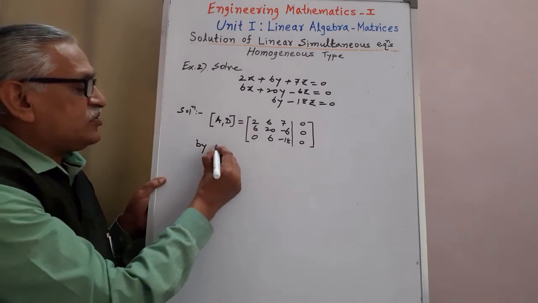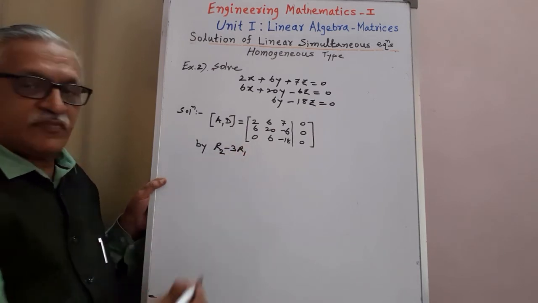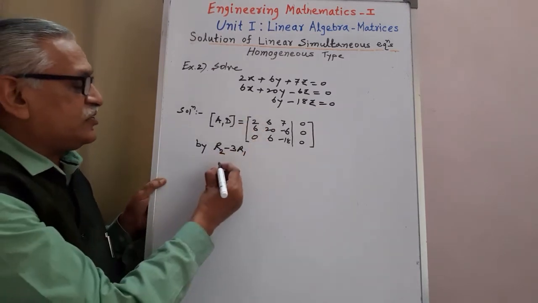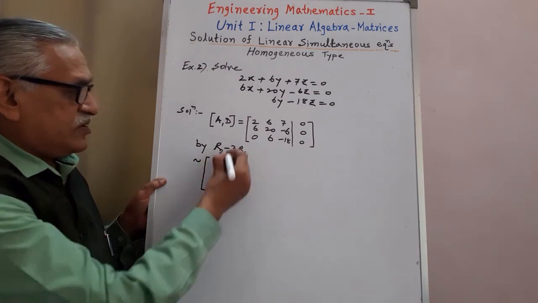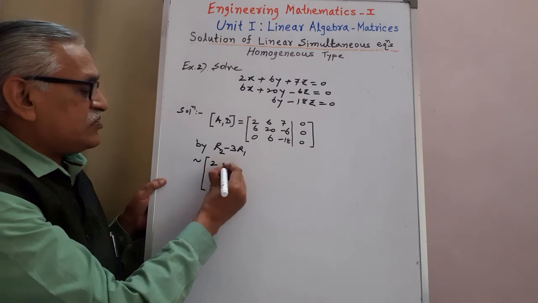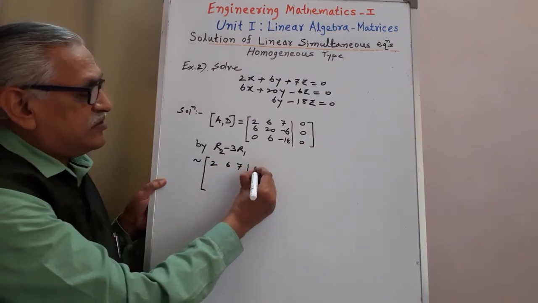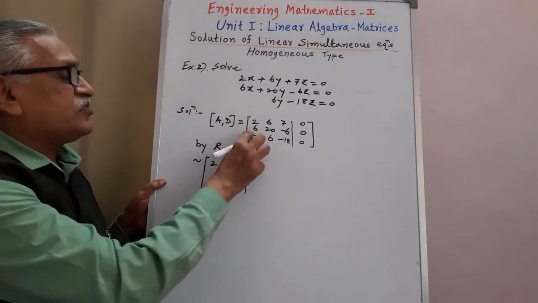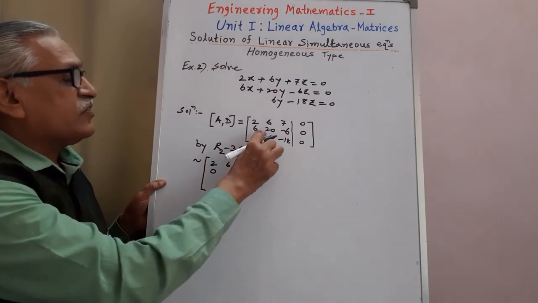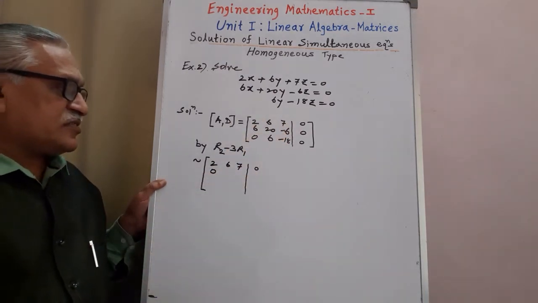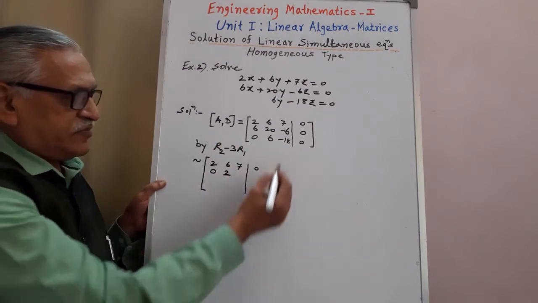6 minus 6 we get 0. It is R2 minus 3 times R1. 3 times 6, 6 minus 6 we get 0, and therefore we have the first row, no change: 2, 6, 7, 0. Then 6 minus 3 times 6, 6 minus 18 we get 0 here. 20 minus 6 times 3 is 18, 20 minus 18 we get 2 here.